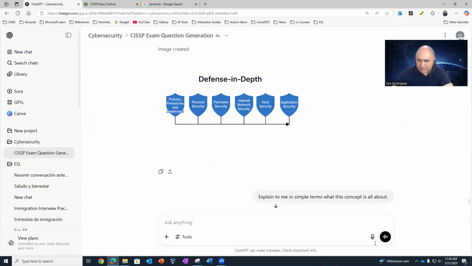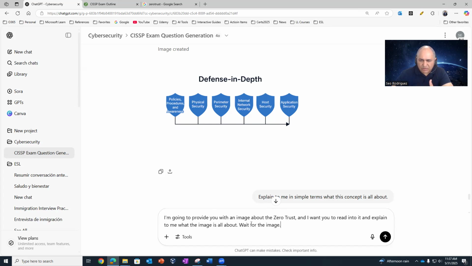And I'm going to say, I'm going to provide you with an image about zero trust, and I want you to read into it and explain to me what the image is all about. Wait for the image. So that's the instruction that I gave.